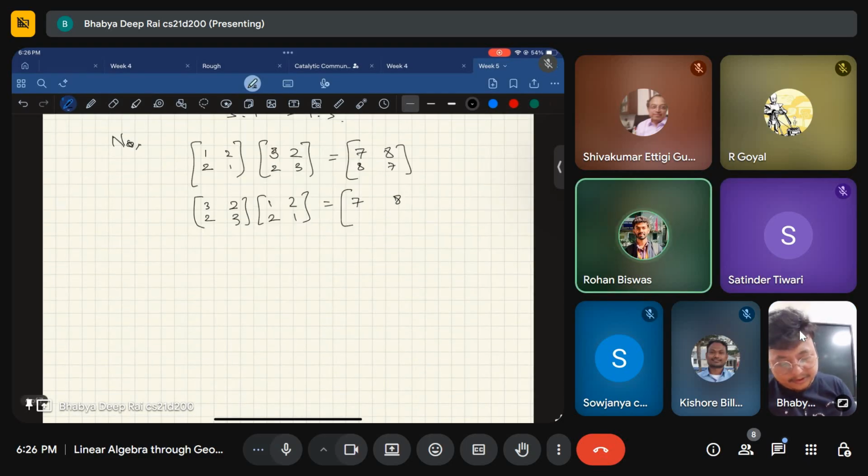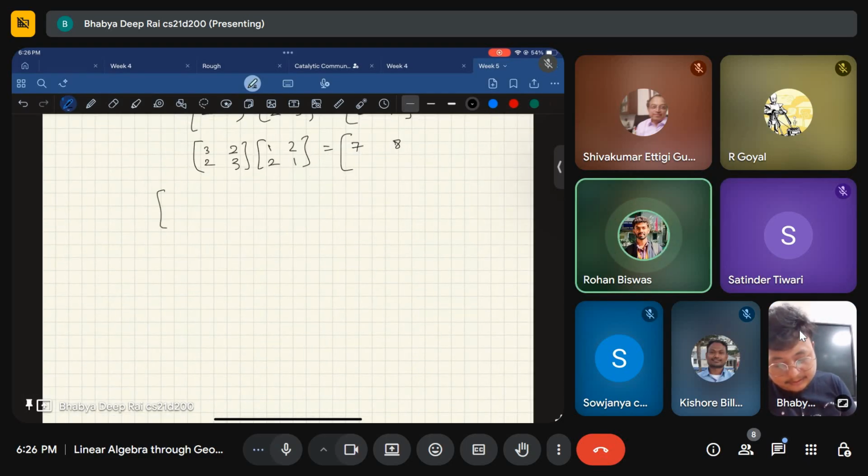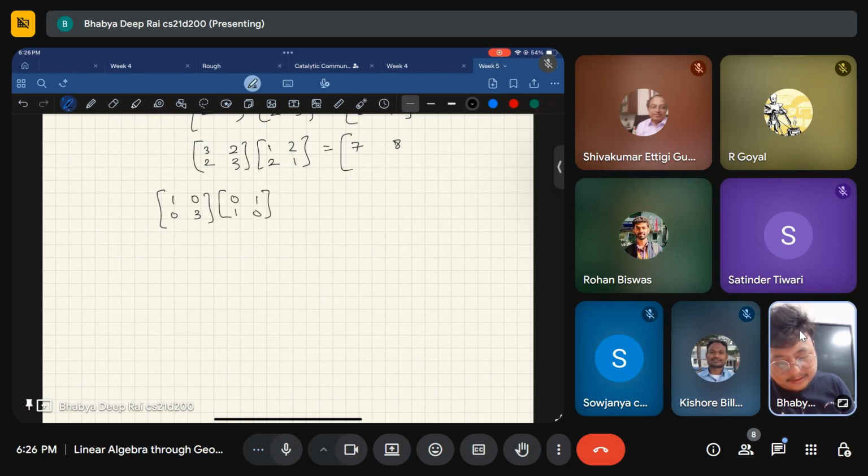Can you write this? Sure. So the first matrix is 1 0 0 3, and the second matrix is 0 1 1 0. If we multiply in this order, then it becomes 0 1 3 0.